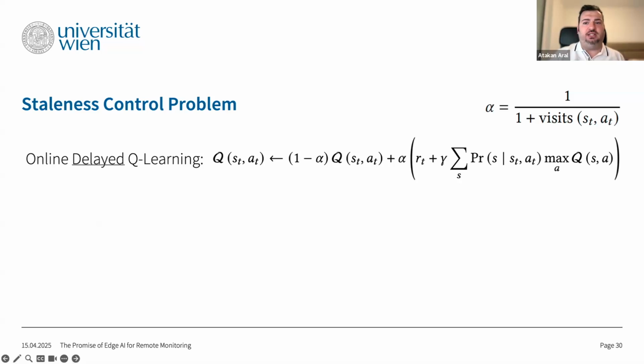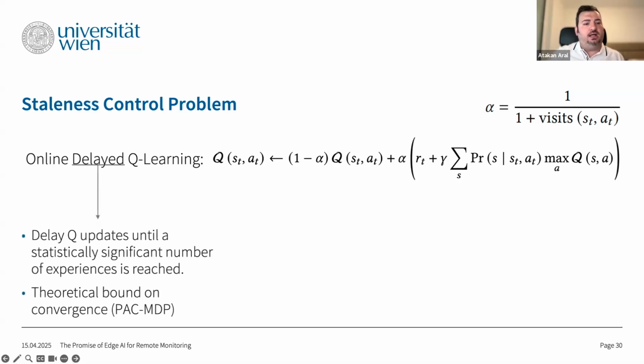And delayed Q-learning means the updates to the Q matrix are delayed until a statistically significant number of experiences is reached. And this allows us to have some theoretical bound on the convergence of the model. So our model is PAC learnable, actually, which means probably approximately correct. And again, the theoretical details of this are available in the paper.